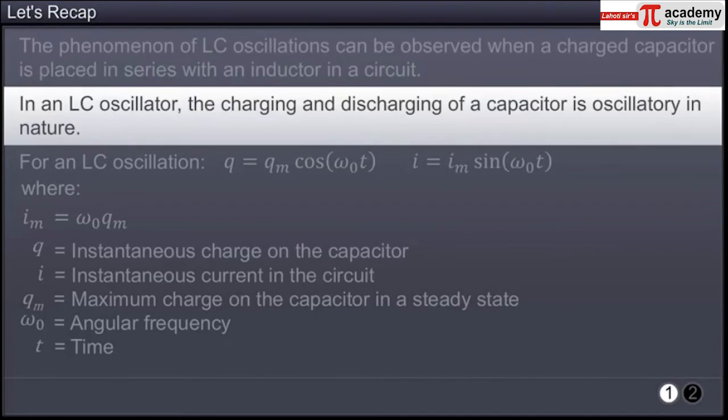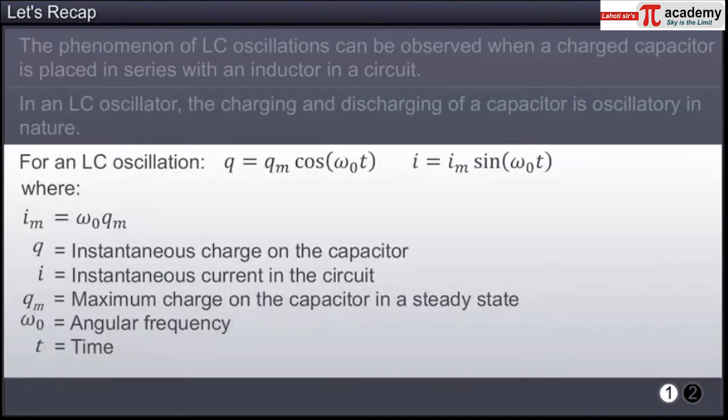In an LC oscillator, the charging and discharging of a capacitor is oscillatory in nature. For an LC oscillation, Q is equal to Qm cos omega naught t and I is equal to Im sin omega naught t, where Im is equal to omega naught into Qm.